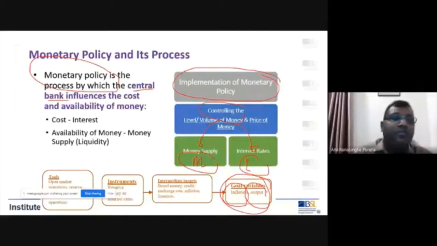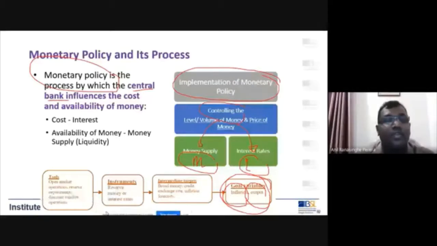They can't drive growth, but they can support growth by maintaining inflation at low levels. So the goal variable is at least to maintain low inflation and support economic growth. To achieve it, the central bank has some process. There are some instruments, targets, and so on. But the most important thing for our discussion is these tools.